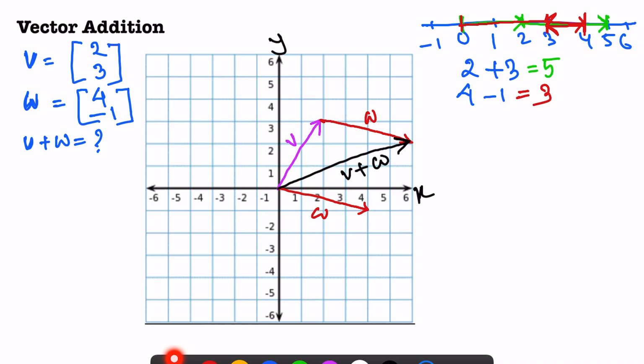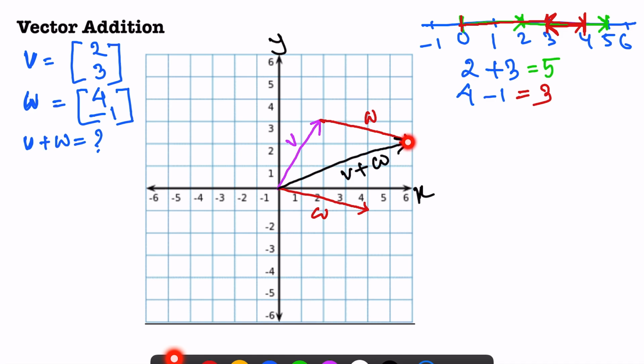Now, instead of doing this x update, then y update, then again x update, then y update, what we can do is we can do first all the x updates, then all the y updates. So for the vector v, we will move 2 steps in the positive x direction. Then for vector w, we'll move 4 steps in the positive x direction. Then from that point, for vector v, we'll move 3 steps in the positive y direction. Then for vector w, we'll move 1 step in negative y direction.